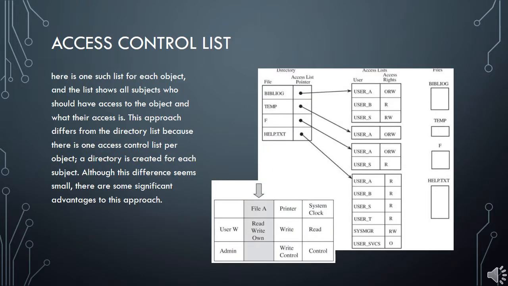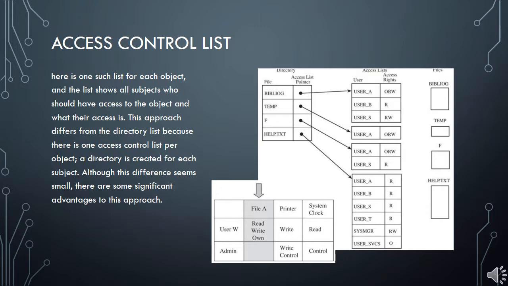The second way to control the access is the access control list. Here is one such list for each object, and the list shows all subjects who should have access to the object and what their access is.